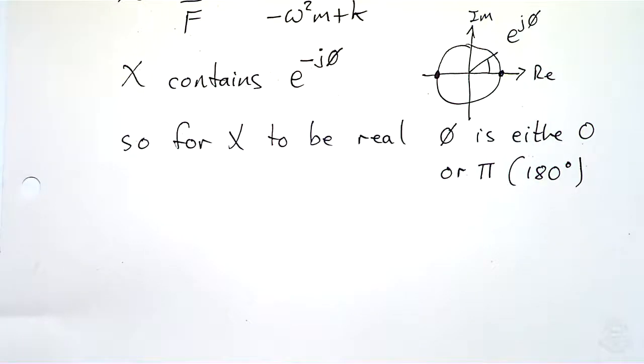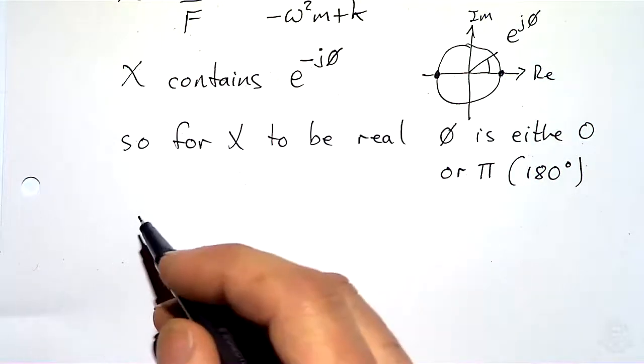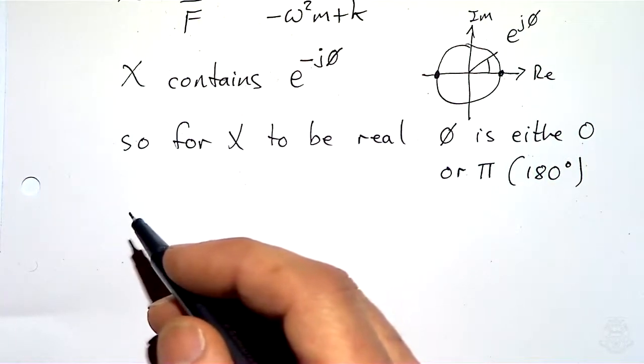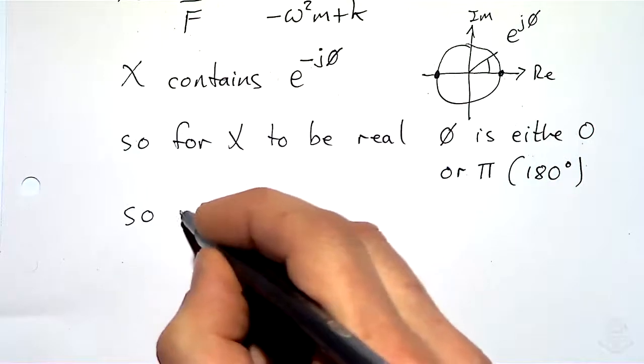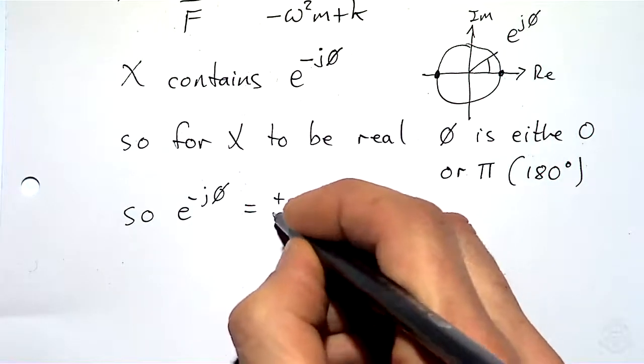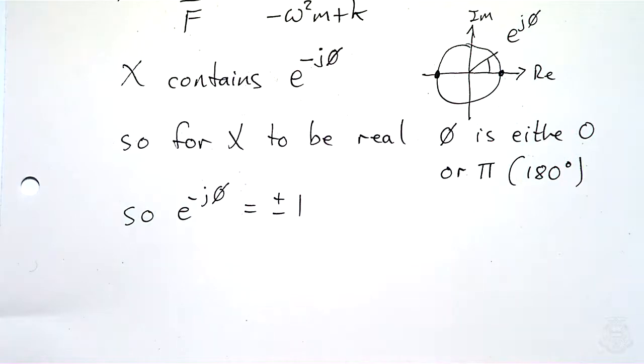And so that means we're restricting this term, e to the minus j phi, to be plus or minus 1, aren't we? So e to the minus j phi is equal to plus or minus 1, since this is a complex exponential on the unit circle. If we choose 0 or pi, we have plus or minus 1.